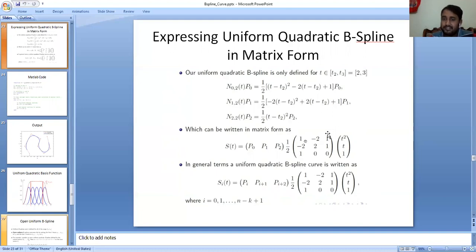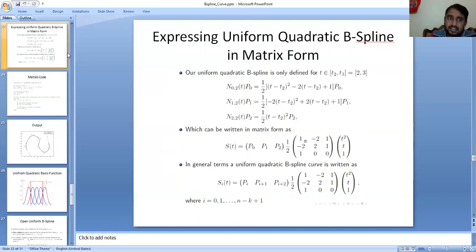And when we expand this formula, we get S(t) equals P0, P1, P2, and these are the halves. These are t squared, t and 1. And this is the matrix form of the above equation when we add all these formulas.